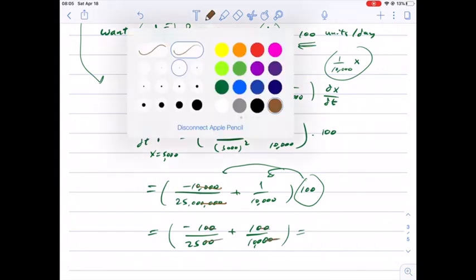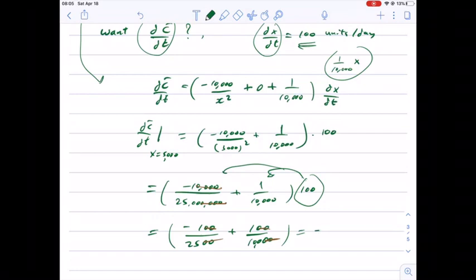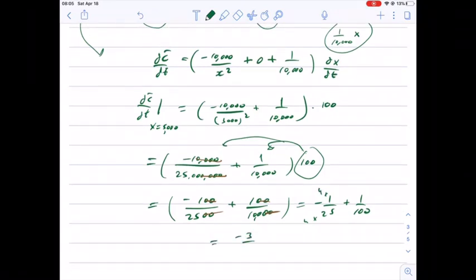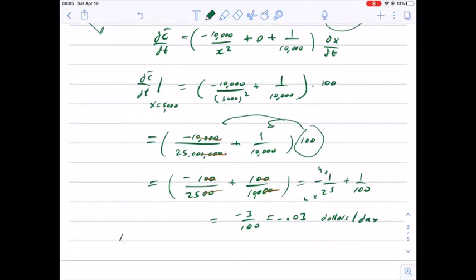And let's simplify more. This gives negative 1 over 25 plus 1 over 100. Now we multiply this by 4 to get a common denominator. We get negative 3 over 100, which can be written as negative 0.03 dollars per day.